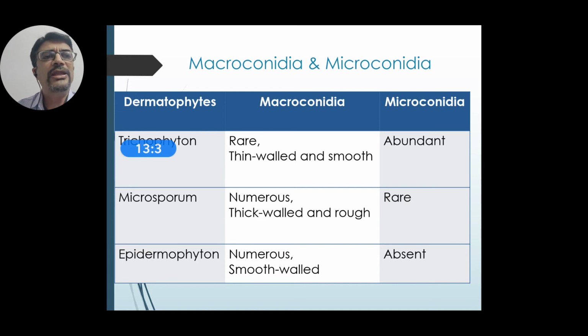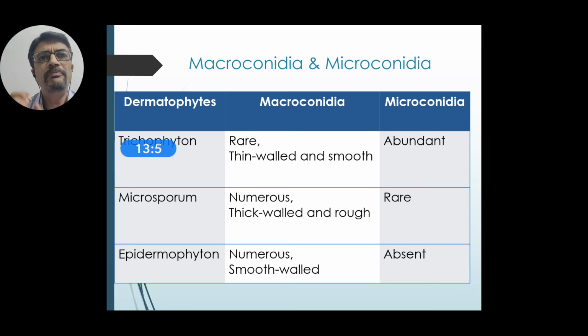And microconidia are rare. In Epidermophyton, macroconidia are many, smooth walled, and most of the time club shaped. On the tip it is swollen, so it is a club shape, and microconidia are absent. So this would help you to diagnose.